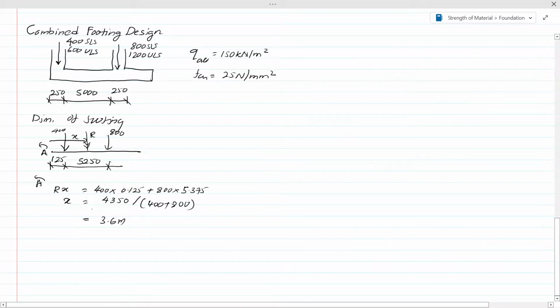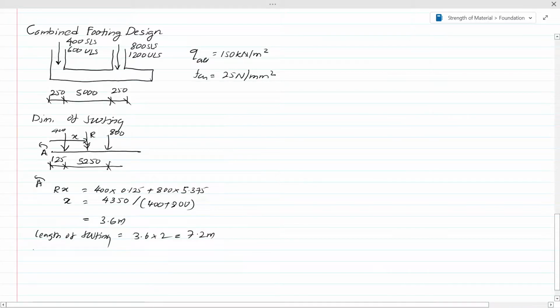Now the resultant we know, the distance of the resultant also we know. If the pressure should be uniform under the footing, we have to take twice this distance. Then for pressure to be uniform, the length of the footing becomes 3.6 into 2, that is 7.2 meters. Right. Now we know the length of the footing.